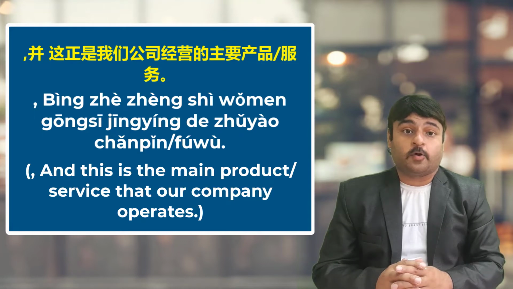If you are dealing in a product, you write 产品, or if you are providing any service, it is 服务. So from the internet, I came to know that your company is dealing in this product and this is our company's product or service. This part could be used for any industry or any business for writing this kind of introduction letter. So this was the source of information.